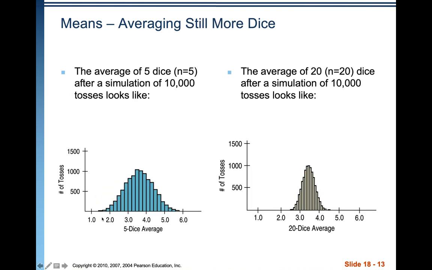With n equals 5, the variability is much smaller. The extreme values are much less likely to happen. And then finally, with n equals 20, the variability has decreased tremendously, where the extreme values are extremely unlikely. You are very unlikely to get all sixes for 20 rolls, or out of 20 dice. You're just rarely going to get all sixes.